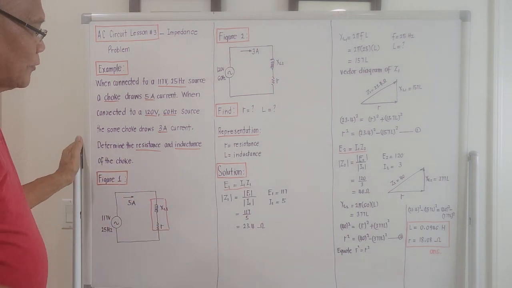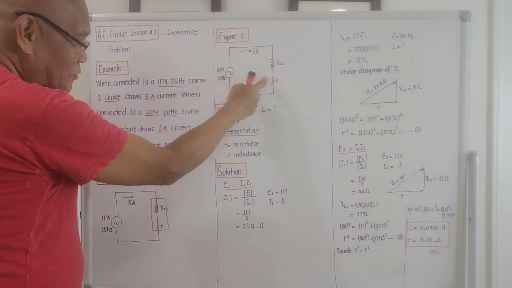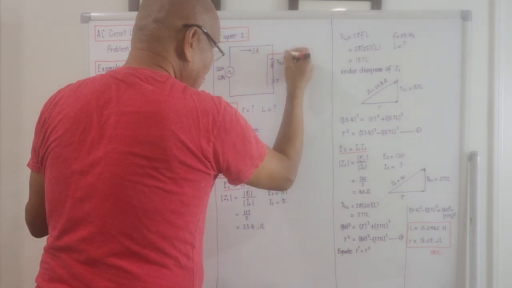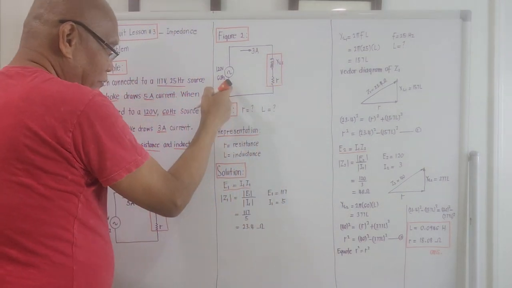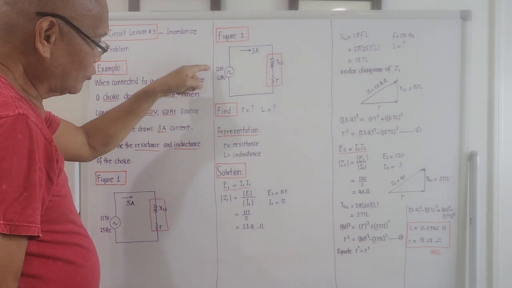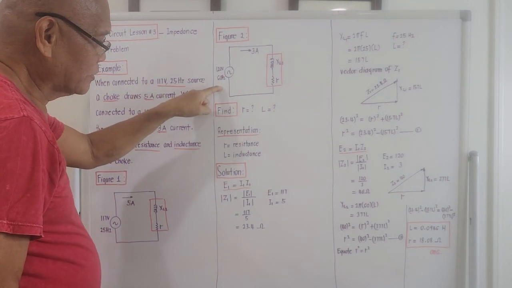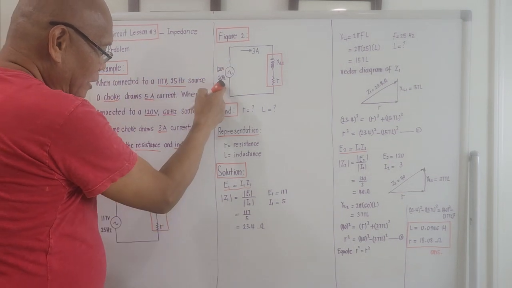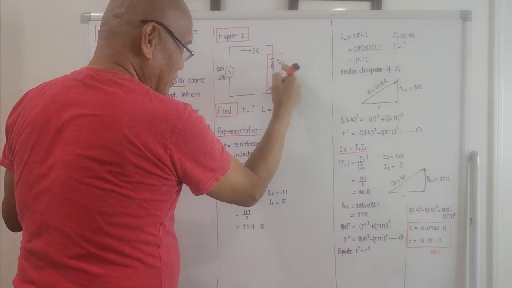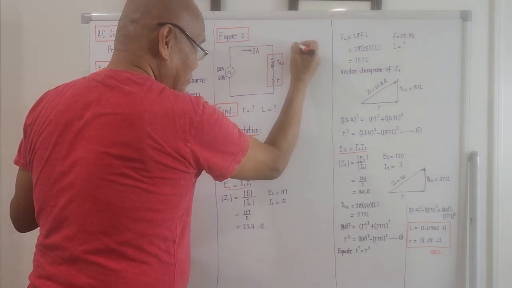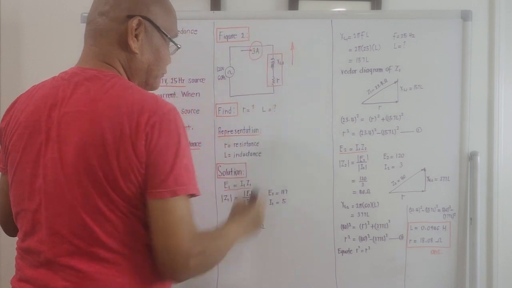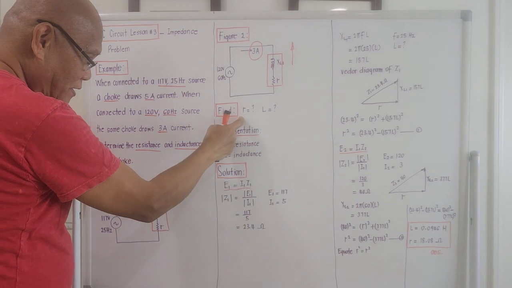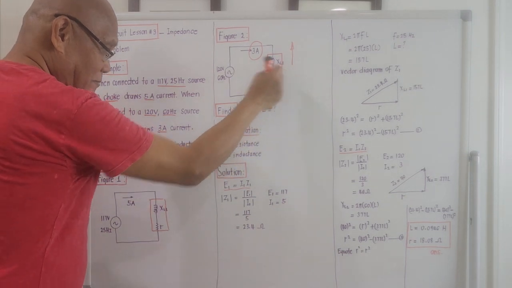For figure number 2, the same choke is connected to 120 volts at 60 Hz and draws 3 amperes. The frequency goes up, so XL goes up and the current goes down. The problem asks for the resistance and inductance of the ballast.